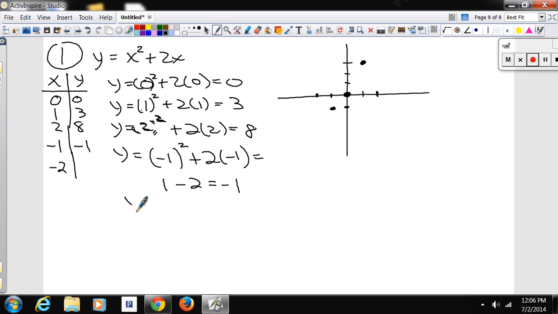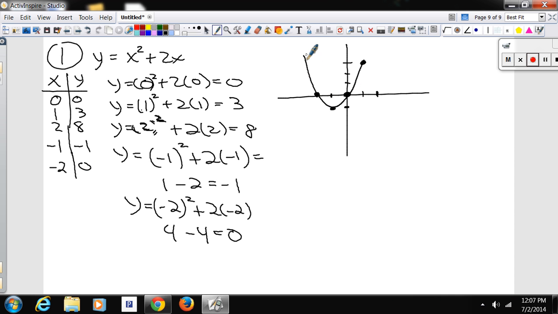So y equals negative 2 squared plus 2 times negative 2. And yeah, that works because you're going to get 4 minus 4, which is 0. So negative 2, 0 is going to be your other point. So you can see your U-shaped curve developing like that. That's going to be your U-shaped graph for number 1.